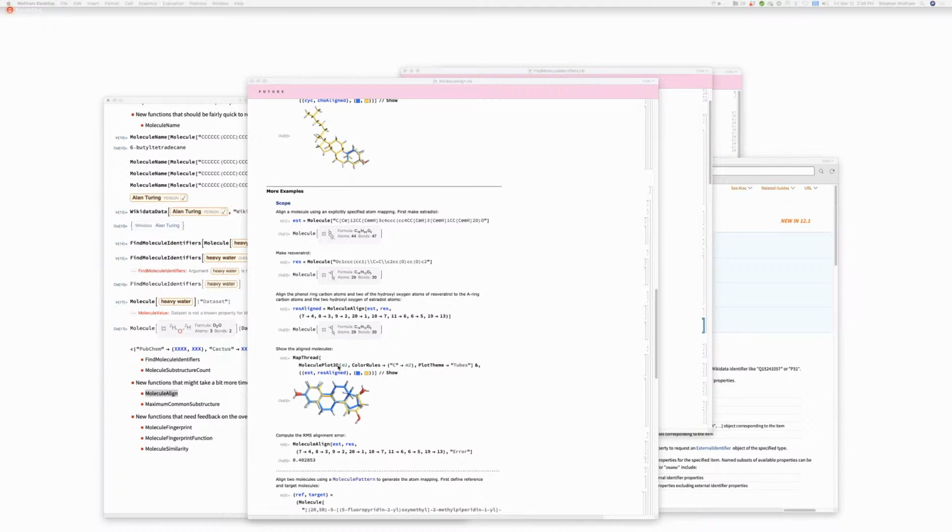Then it will align the molecules in the second argument to the one in the first argument by minimizing the distance deviation after doing a rigid translation and rotation on them. Yeah, this is definitely cool. Very nice. In this example, resveratrol is an estrogen, a hormone disruptor, and it matches very closely to the estradiol structure. Very nice. Okay, this is interesting.